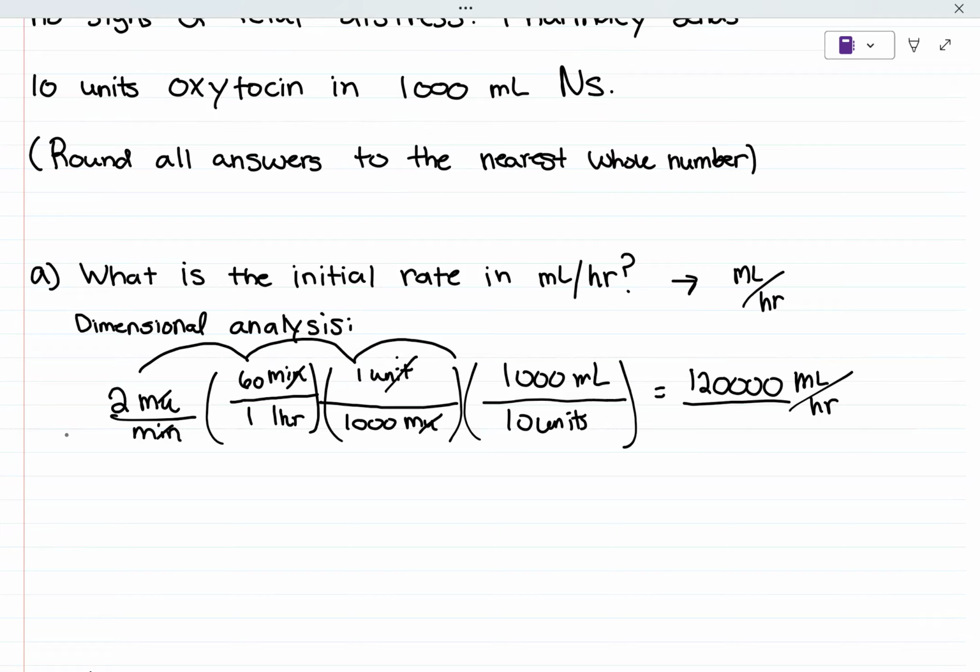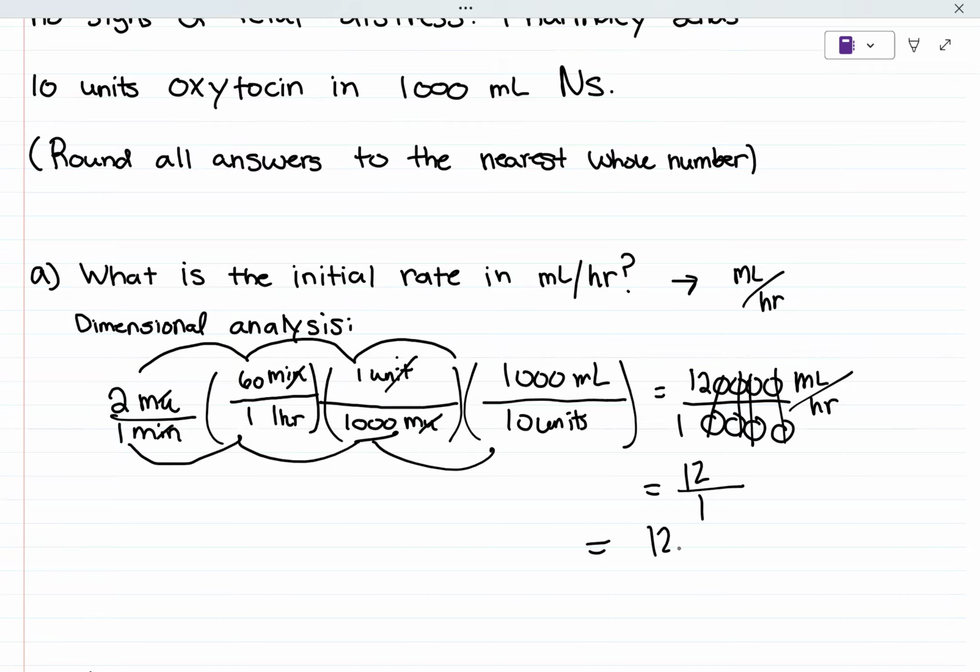Then the bottom is 1 times 1,000 times 10, which is 10,000. The zeros cancel, and you're left with 12 over 1, or really 12 milliliters per hour.